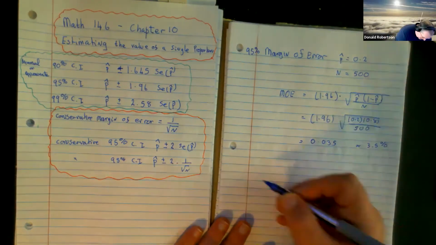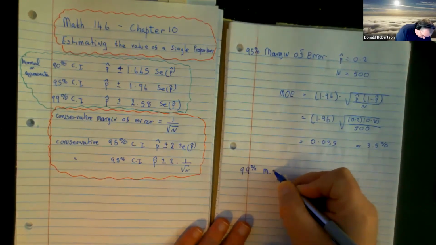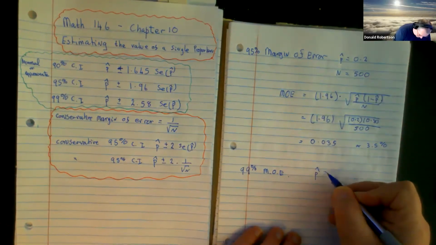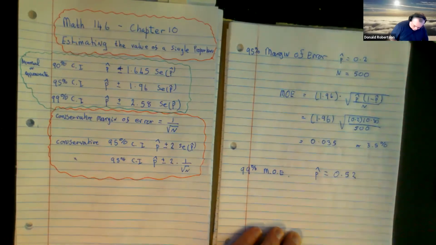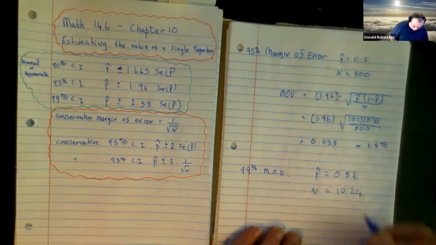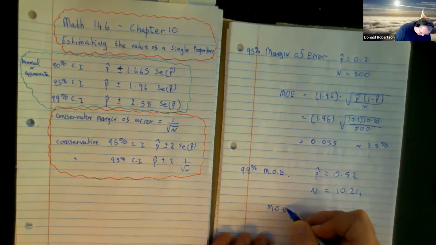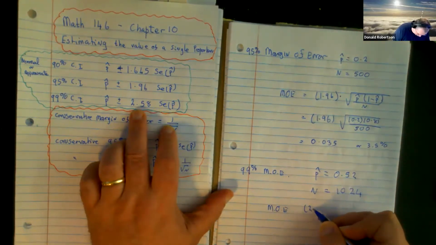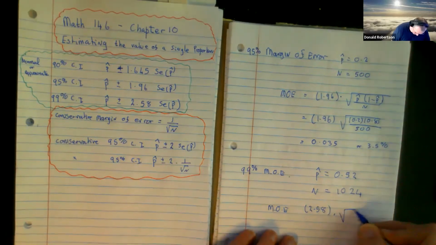Right, let's try a 99% margin of error. And in this one, p-hat was 0.52, and the sample was 1,024. And the margin of error, well, in a 99% world, it's 2.58 times this guy.